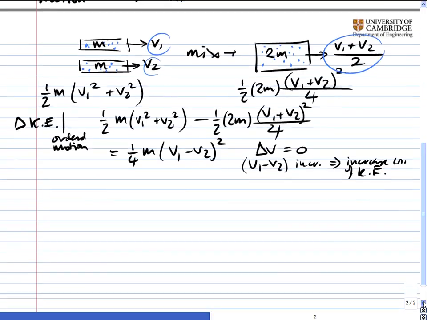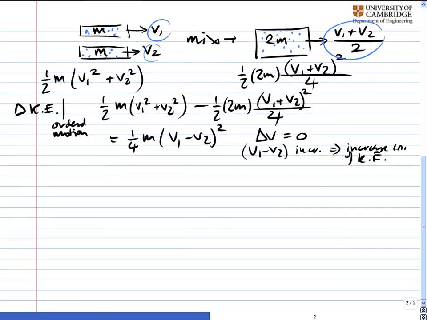Now, where's that gone? Well, of course, we know from the steady flow energy equation, or from just thinking about this physically, it can't have disappeared. The molecules collide off each other elastically, so it's gone to disordered motion. In other words, the temperature has increased.